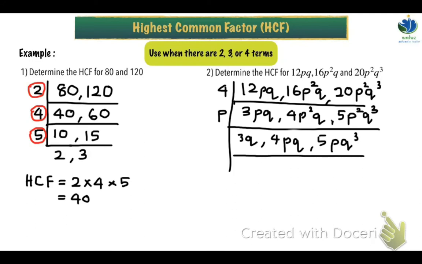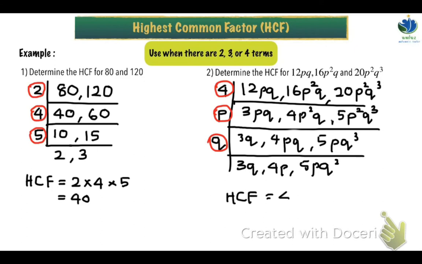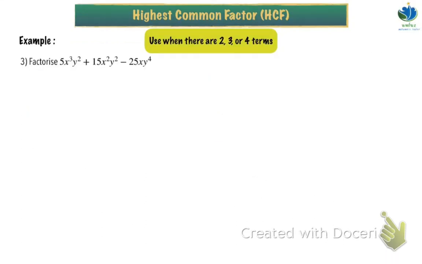So lastly, divide by q: 3q, 4p, 5p, q squared. So the answer here, 4 multiplied by p multiplied by q. The highest common factor equals 4pq.